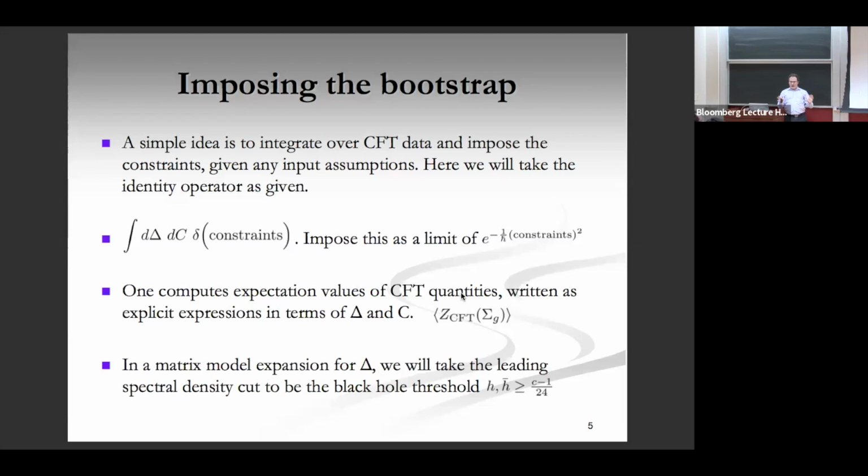So it's defined at finite c, well, for c greater than or equal to 1. So that will also be an input, but in principle we're not rigidly imposing that all of the eigenvalues are above the c minus 1 over 24 threshold. If they are not, we'll think of that as the instanton correction in the matrix model where some eigenvalue tunnels out of the leading cut. So it's allowed, but that will be something subtle from this expansion.